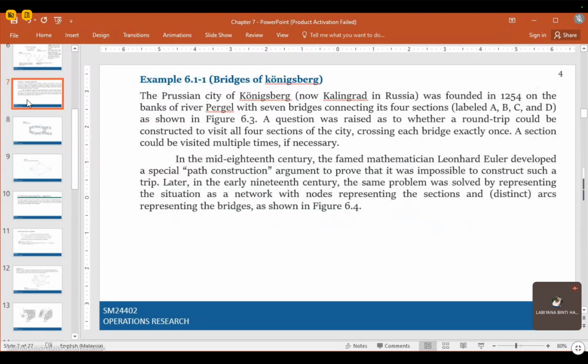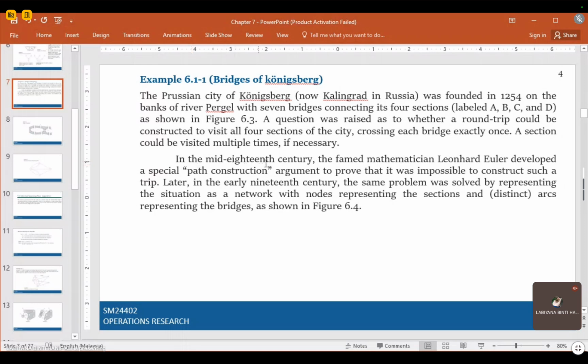A question was raised as to whether a round trip could be constructed to visit all 4 sections of the city, crossing each bridge exactly once. A section could be visited multiple times if necessary.